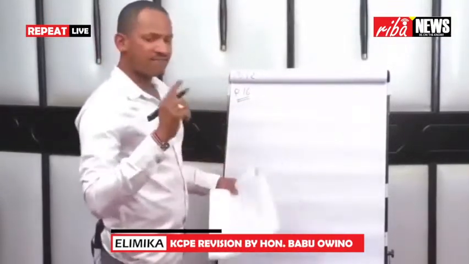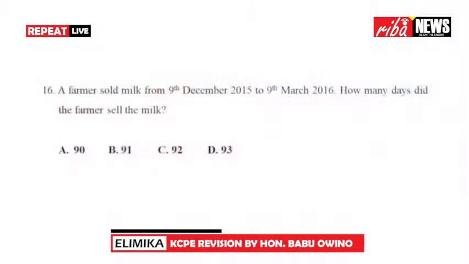Question 16. A farmer sold milk from 9th of December 2015 to 9th of March 2016. December 2015, 9th to March 9th, 2016. How many days did the farmer sell the milk?